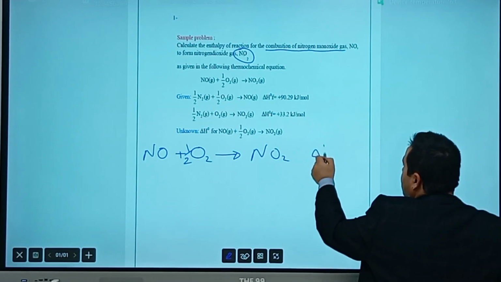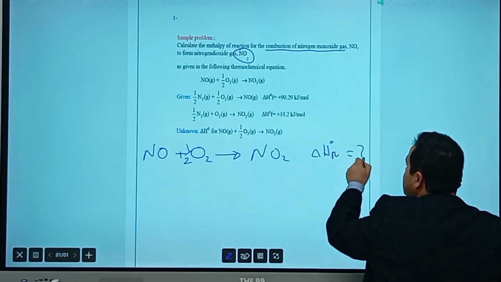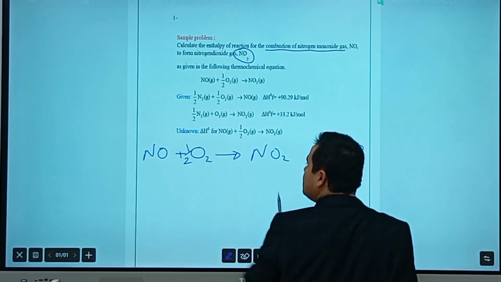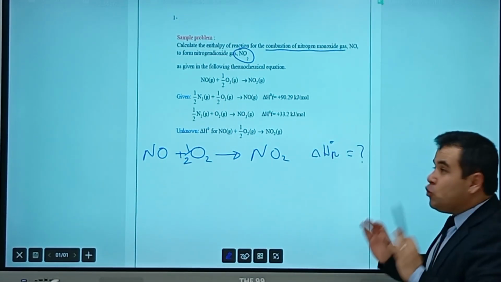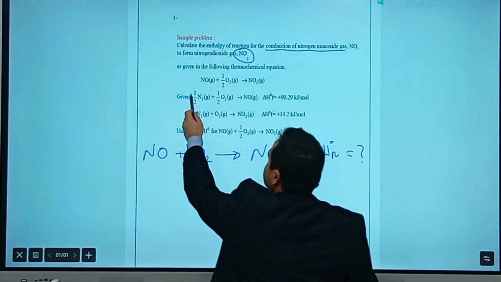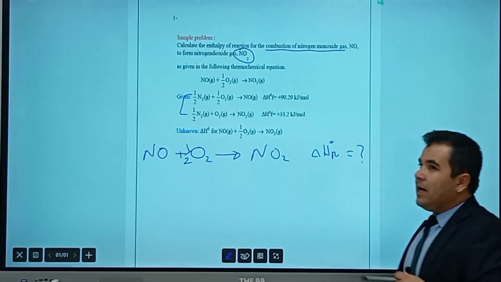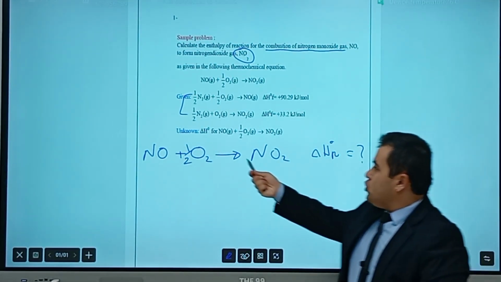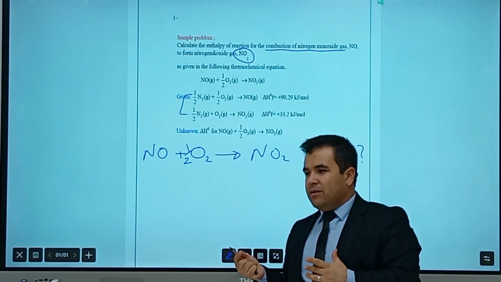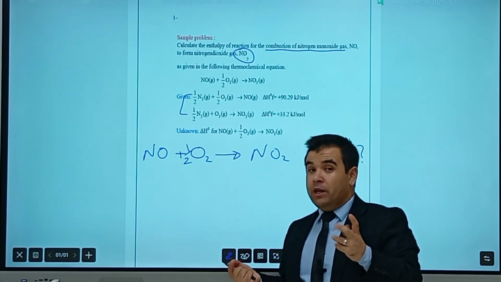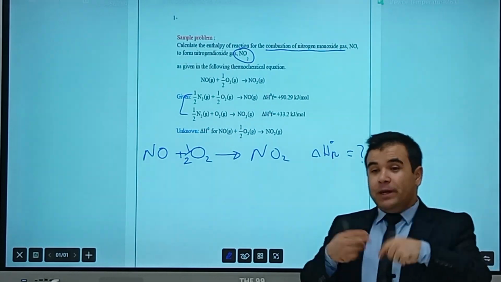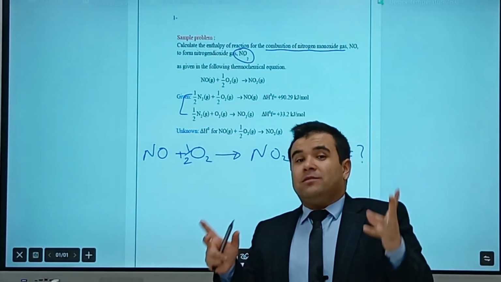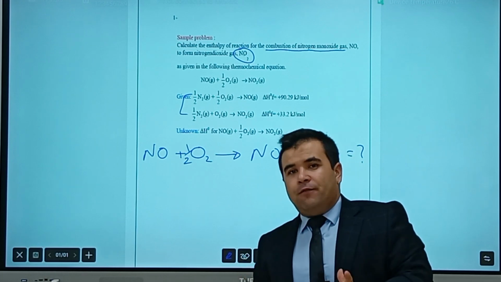Calculate the enthalpy of this reaction, or we can say the enthalpy of combustion of nitrogen monoxide, when two steps are given. Two steps. Guys, a tip: except the oxygen, or in some other problems we have chlorine, except the element which is repeated in all the steps, what elements or substances do we have in the reaction?